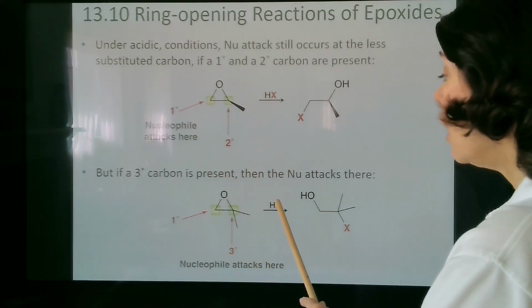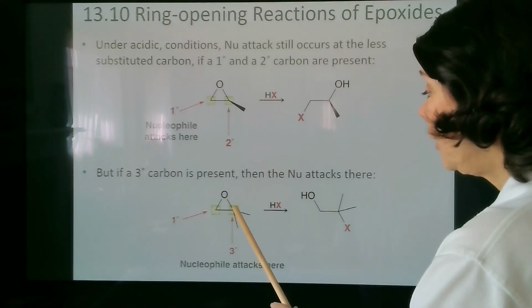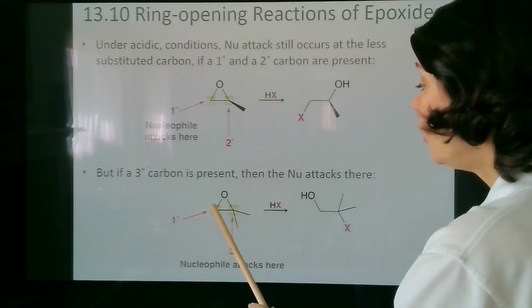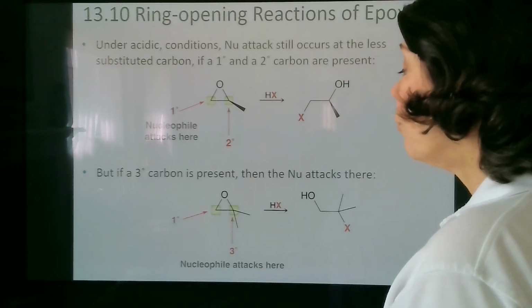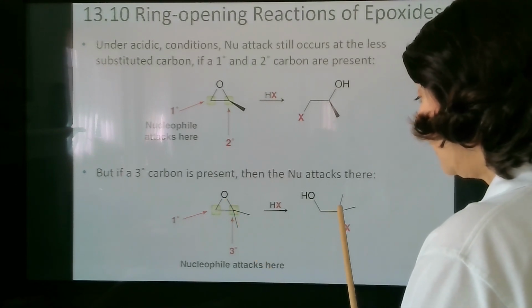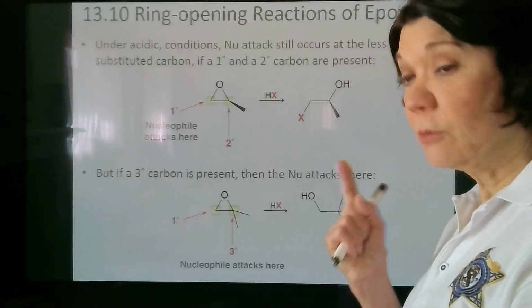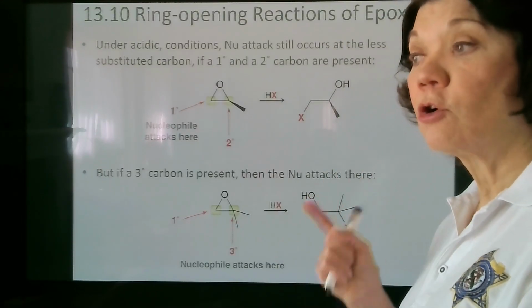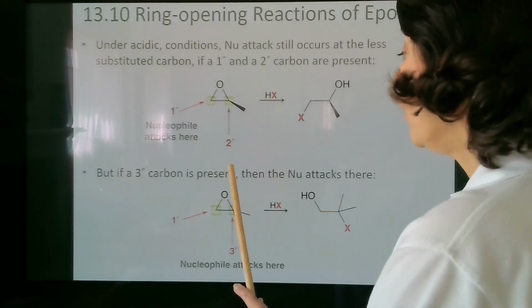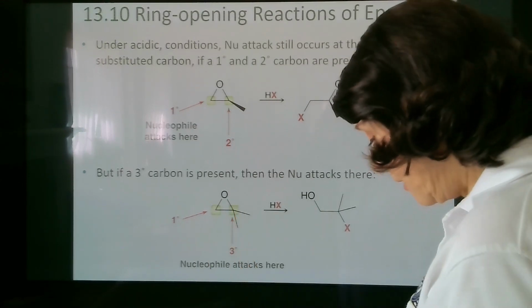So only under acidic conditions, if you have a tertiary carbon, and it doesn't matter if the other end is primary or secondary, you will have attack there, okay, as shown here. So it's just in that one circumstance that you will have to remember. Under acidic conditions, where you have a tertiary carbon, you will have attack at that carbon.